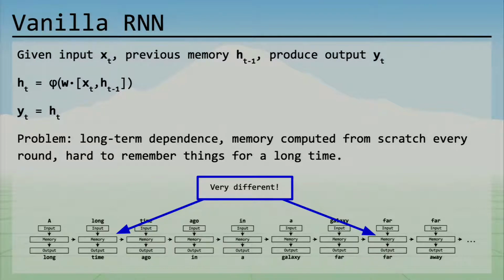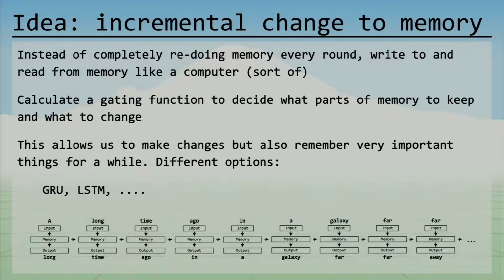This is a problem in a lot of sequential modeling tasks: the idea of long-term dependence. One possible way of dealing with this in recurrent networks is, instead of completely redoing our memory every time, to make incremental changes to our memory. Instead of rewriting everything from scratch, we selectively pick and choose which parts of our memory to update.